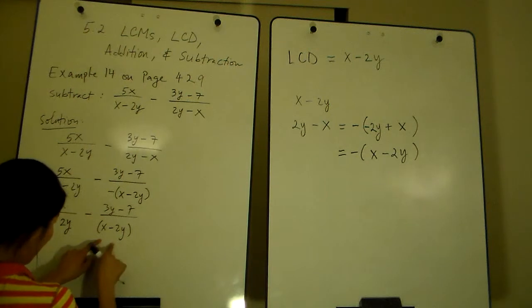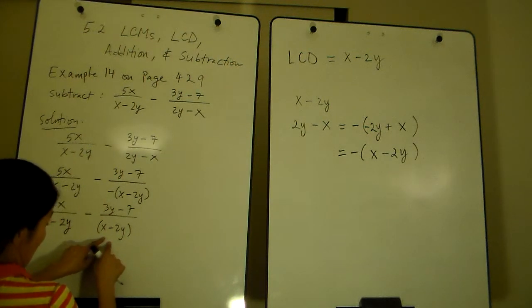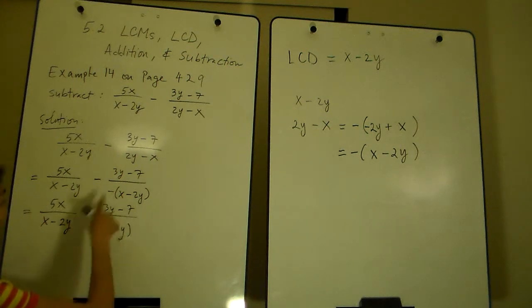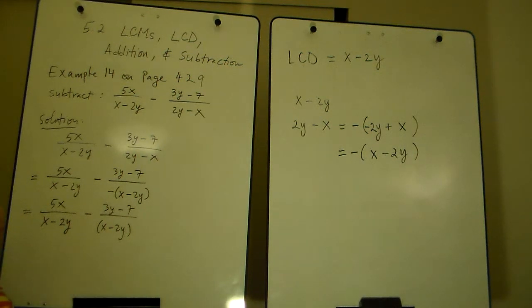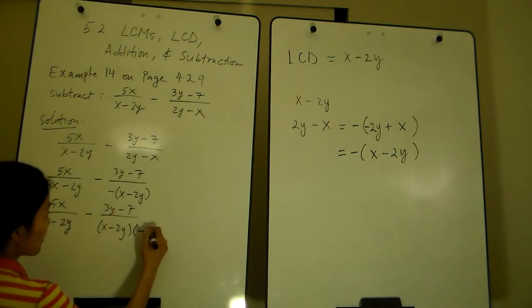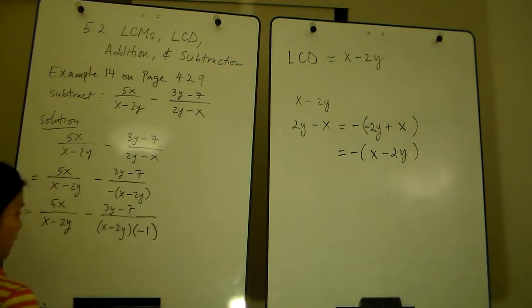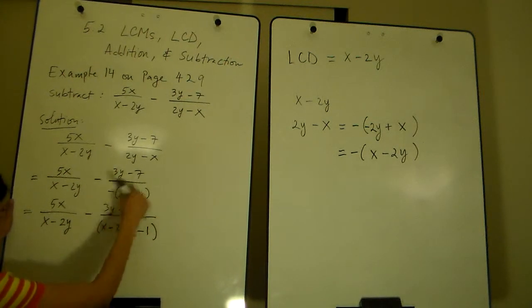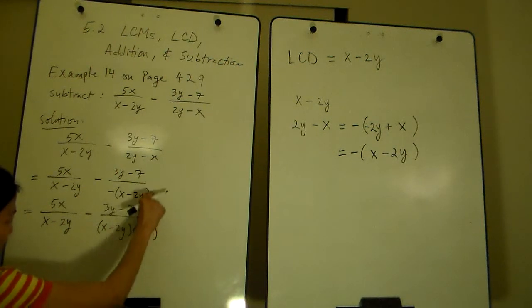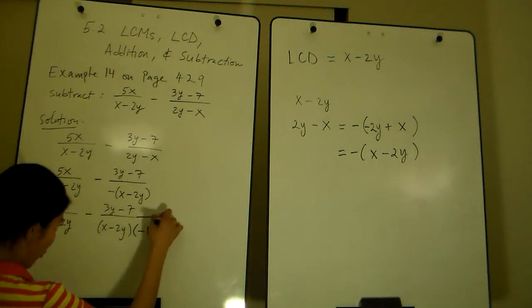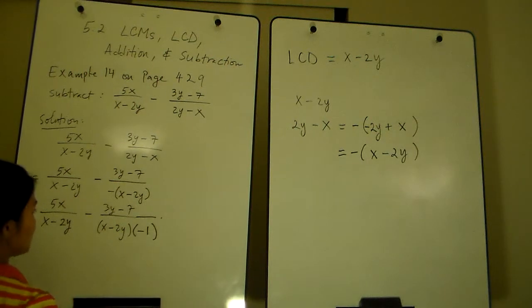Remember our goal is to have the same LCD denominator. For the second fraction, we want x minus 2y as the denominator. So let me rewrite this denominator as x minus 2y times negative 1. Negative 1 times the whole thing is still negative, x minus 2y. This and this are equivalent, just a different way of writing it.